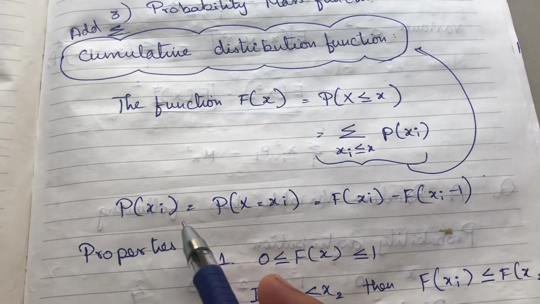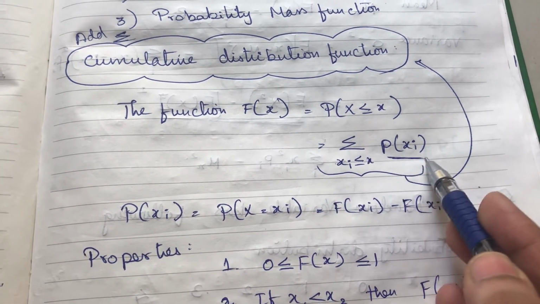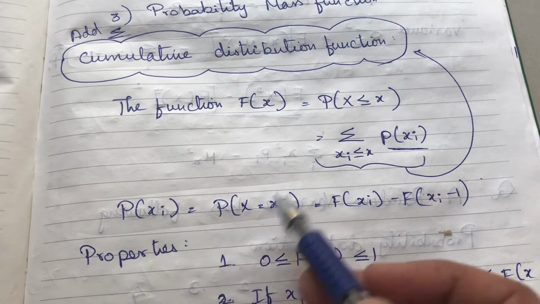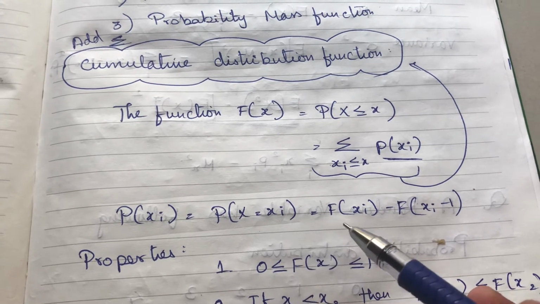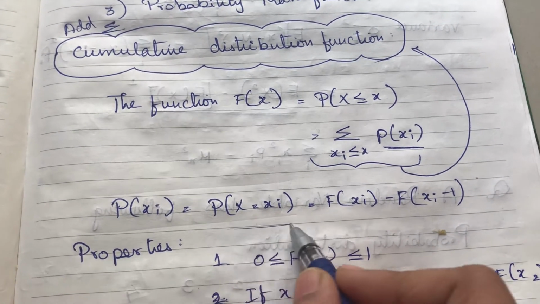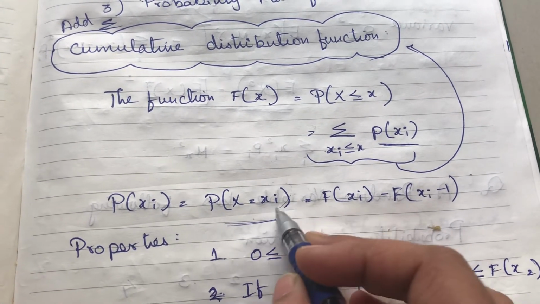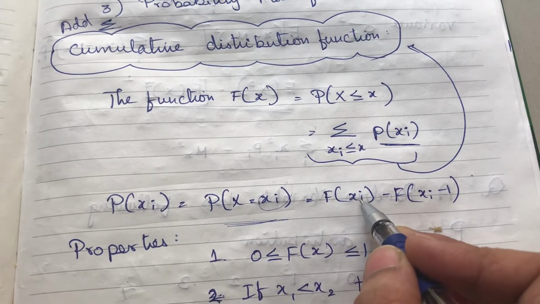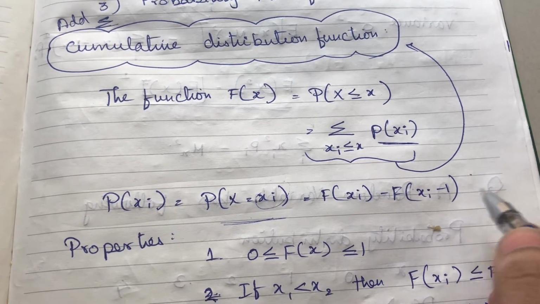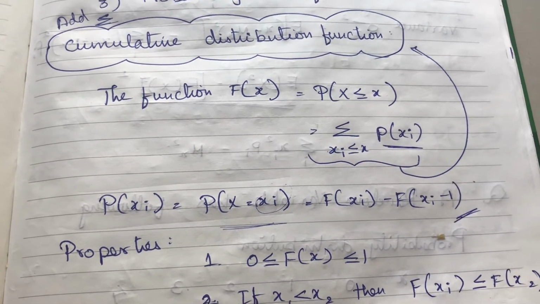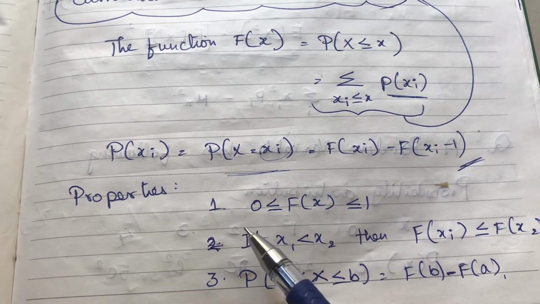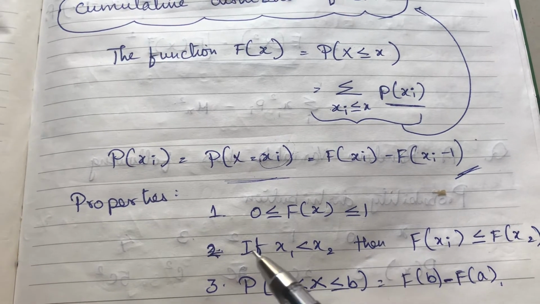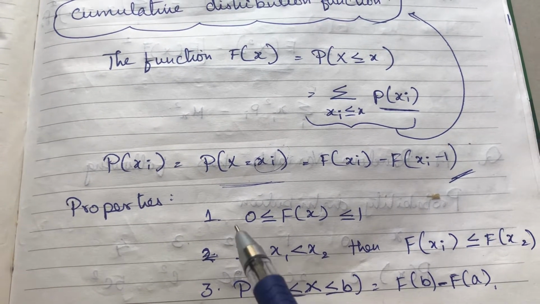P of xi is equal to P of X where X equals xi, which we can easily say is F of xi minus F of xi minus 1. Next come the properties. F of x lies between 0 and 1, because it is a probability, and probability only takes values from 0 to 1.